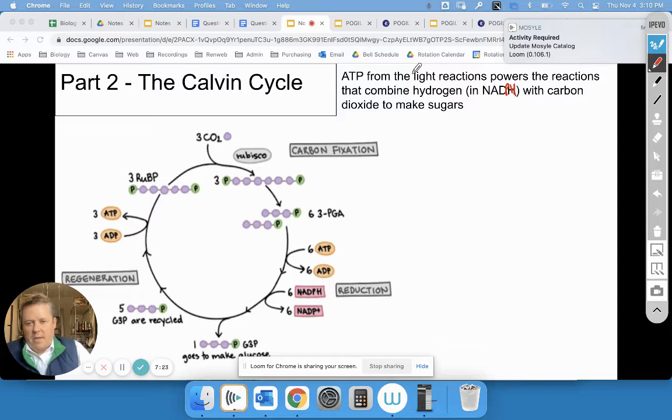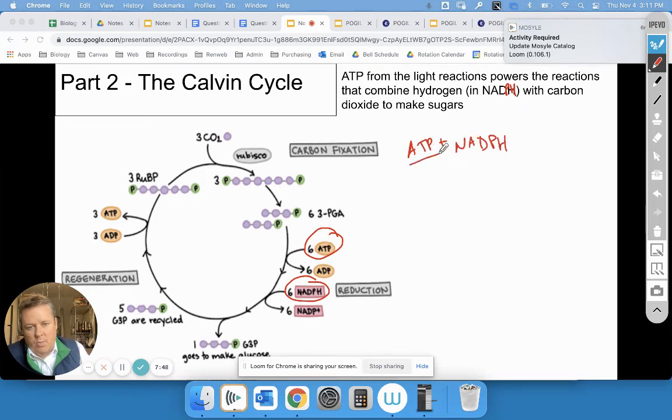And we can see a lot of that stuff that we did during the previous one, right? We made some ATP. We made some NADPH, and those are holding on to the energy and the electrons and the hydrogens from water, right? So our half reaction here would be ATP plus NADPH.